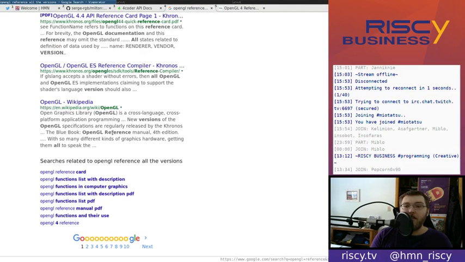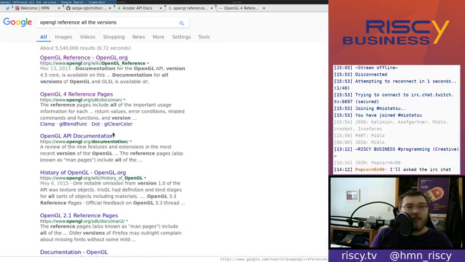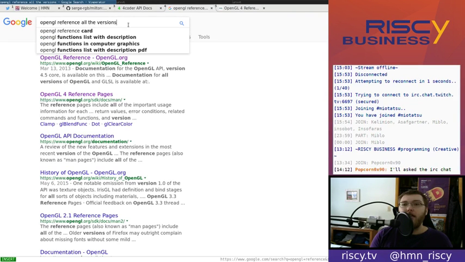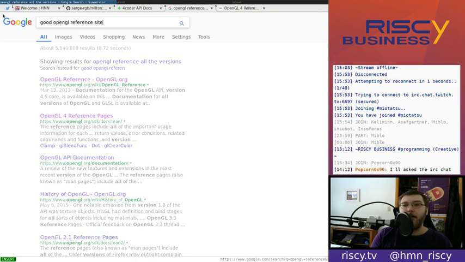But I feel like there's something better. Oh, thank you, Popcorn. I hope someone on IRC knows what I'm talking about. Good OpenGL reference site.